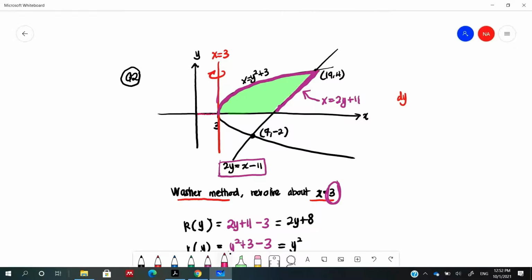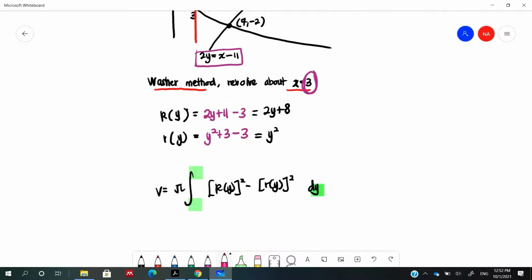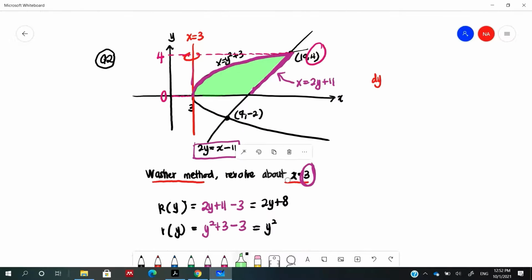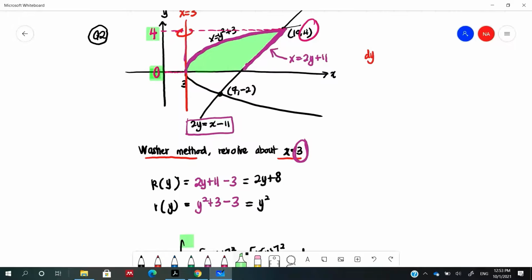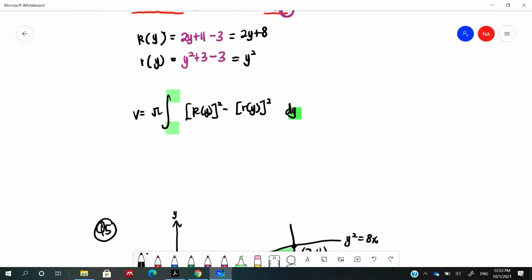This one is from 0 until, look at this point here, until 4. Why do we take the values on the y-axis? Because we are integrating with respect to y, so from 0 until 4.